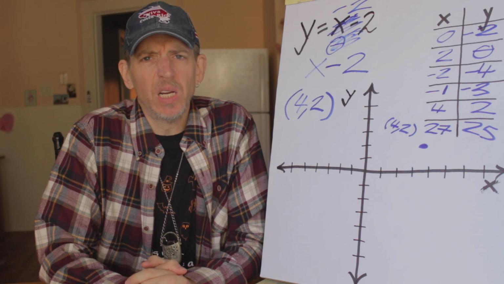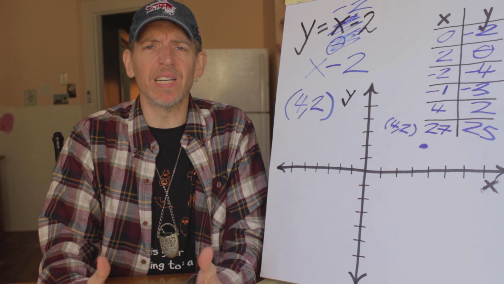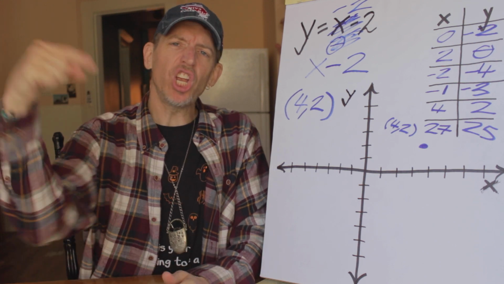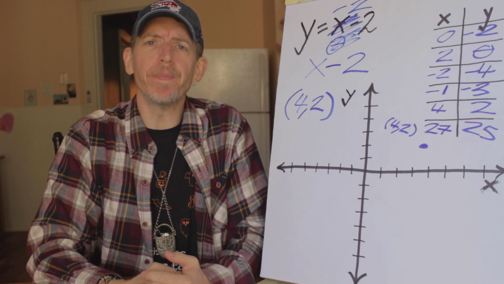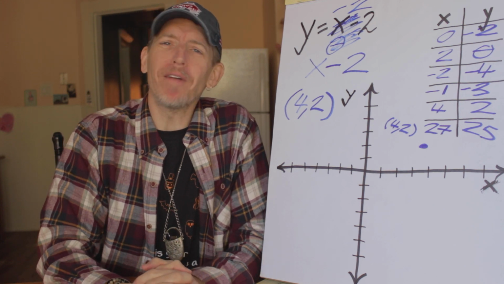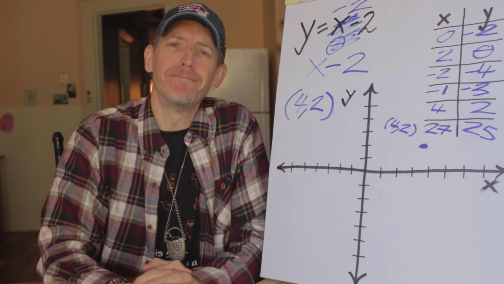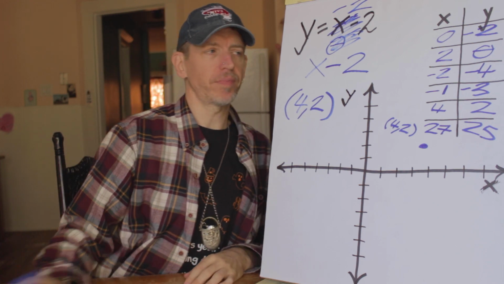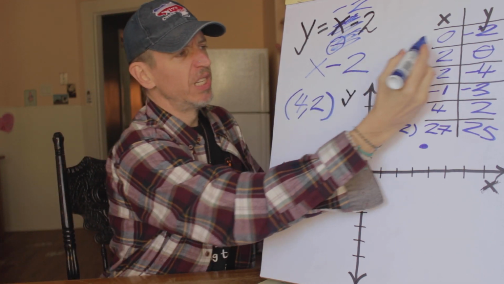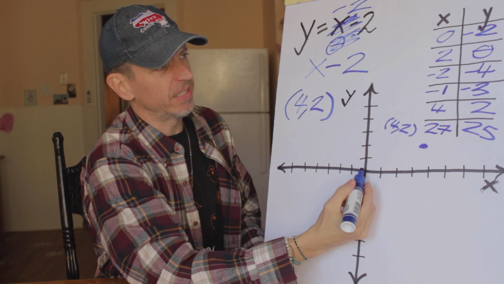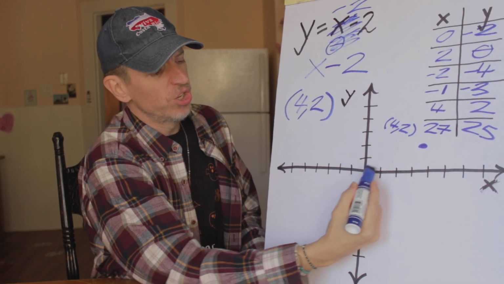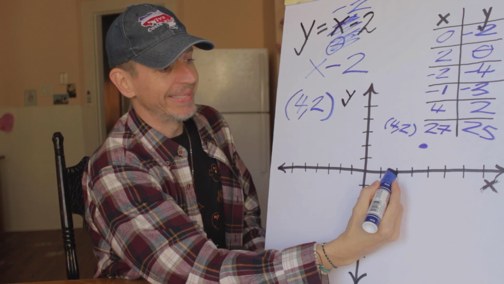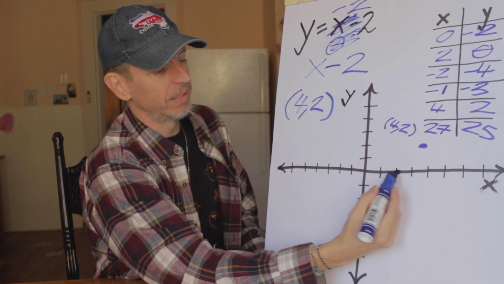But anyway, we ain't concerning ourselves with a single dot, Denzel. Each and every row on this XY chart is a coordinate pair that we can graph on this graph in the same manner. Check it out. 0 on the x-axis, negative 2 on the y-axis. 2 on the x-axis, 0 on the y-axis.